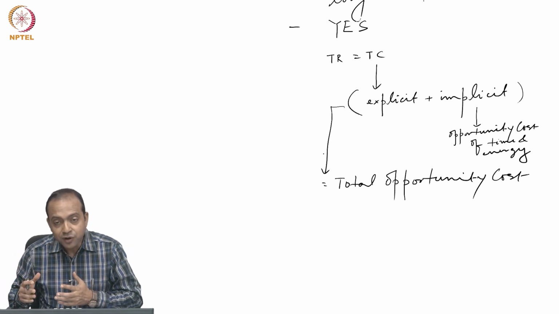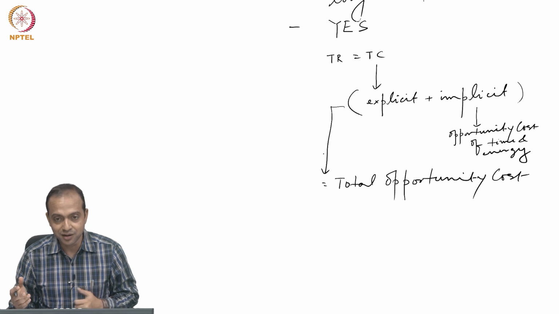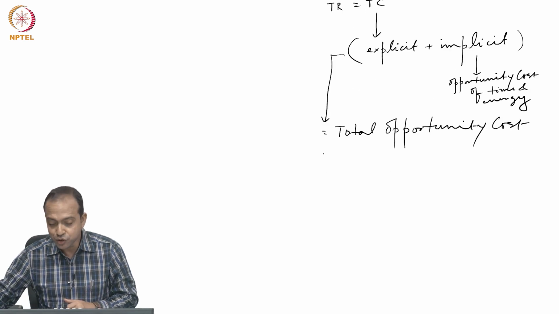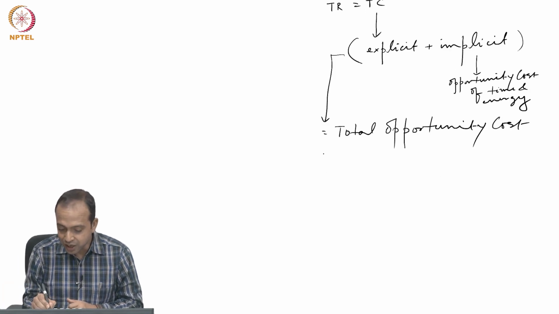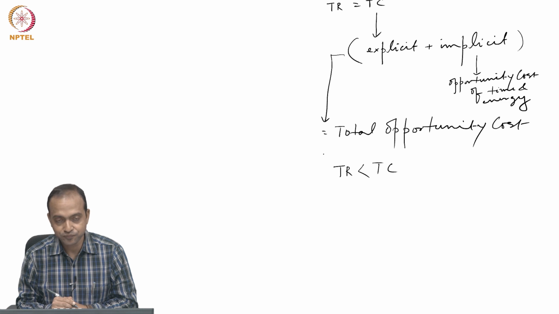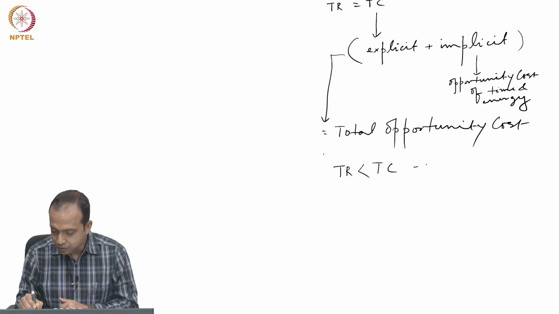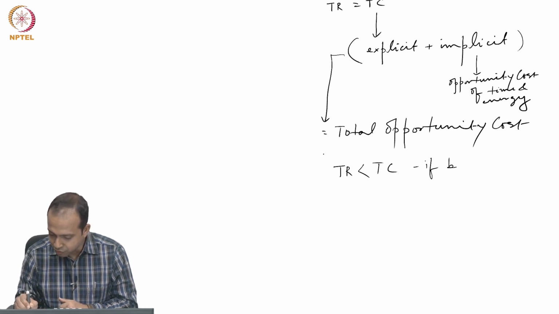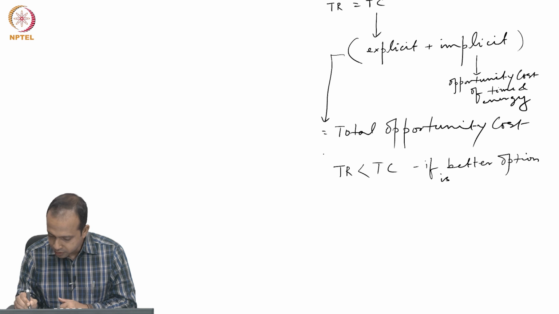If the firm gets something better, that means the opportunity cost will go up. And at that point of time, total revenue would be less than total cost, if a better option is found out.